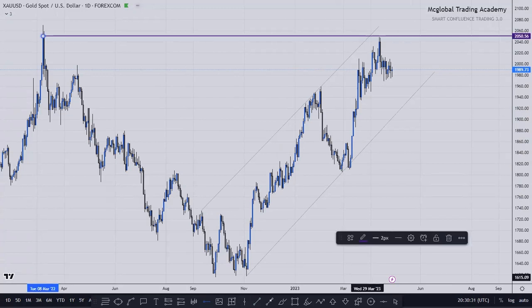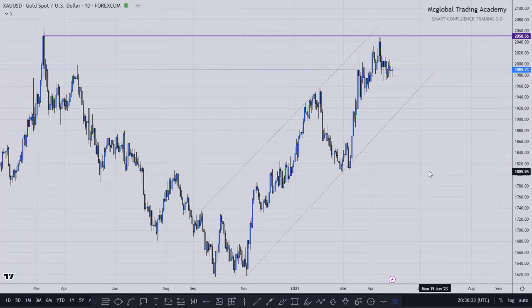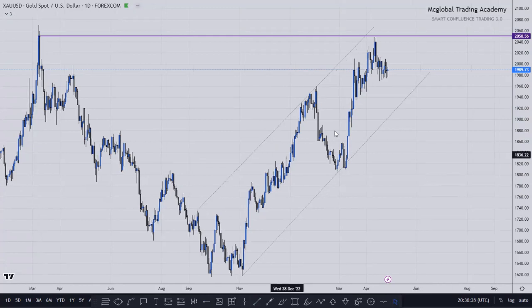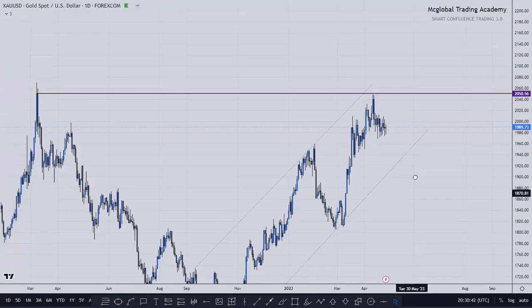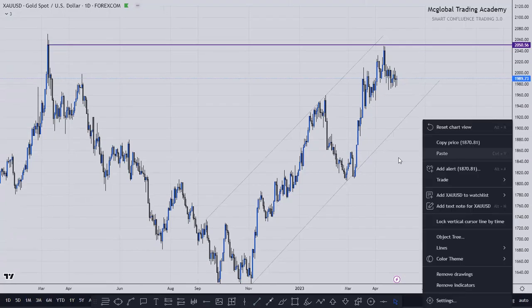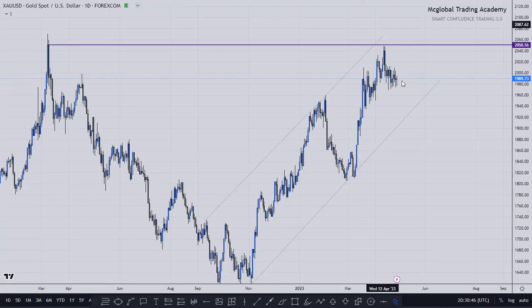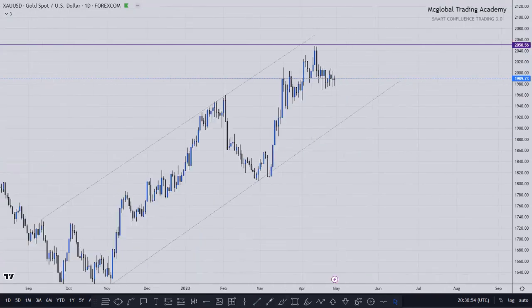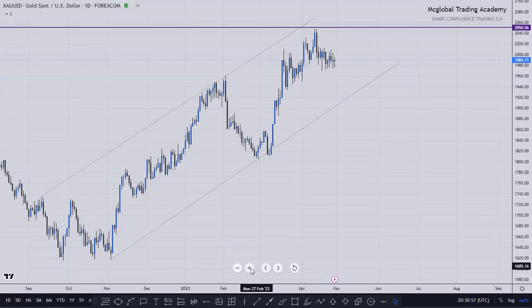So gold, if you check, this is a bullish market, as you can see. In that bullish market, you remember when we come to the top of the channel, we expect the market to drop. Now, looking closely, if we zoom in, we see that there's a support that the market is rejecting on.